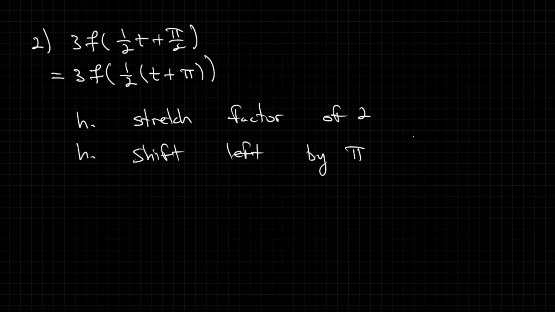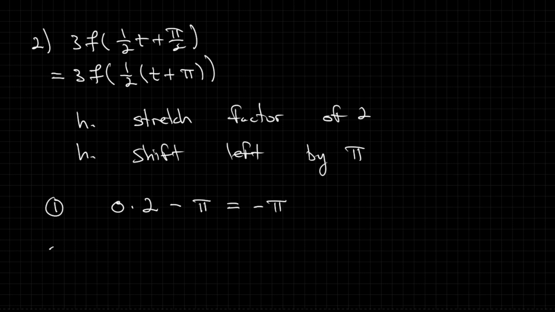And so to get my 5 t-coordinates, I'm going to apply these transformations to the first and the last. So the first t-coordinate is 0. You multiply it by 2, and then you shift left by pi, and what you get is -pi.